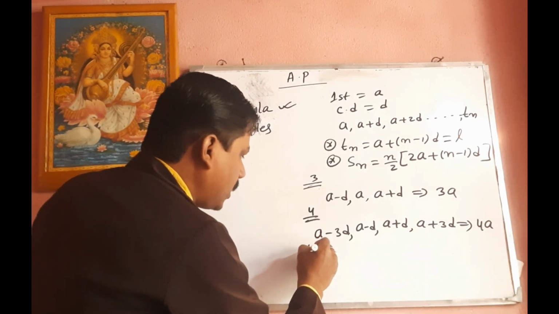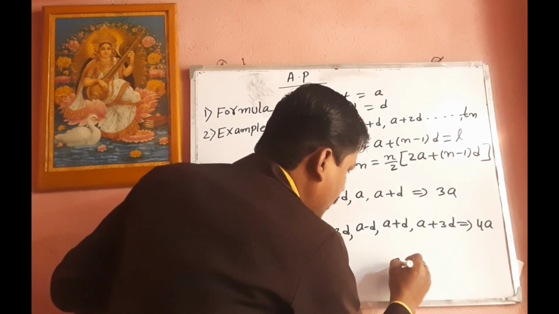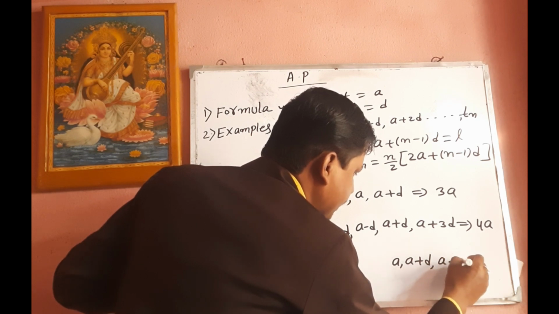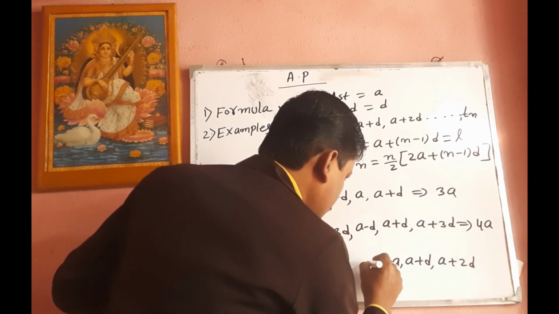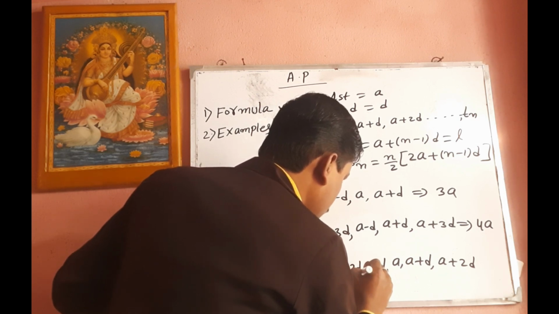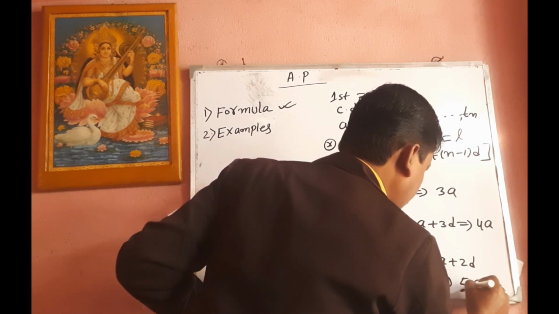And now when 5 terms are there, then the numbers will be a minus 2d, a minus d, a, a plus d, and a plus 2d. When adding them all, we get 5a.